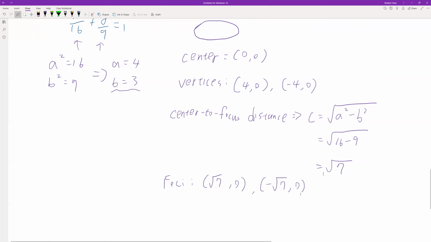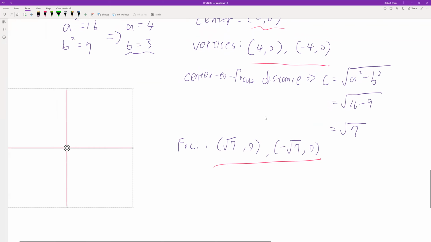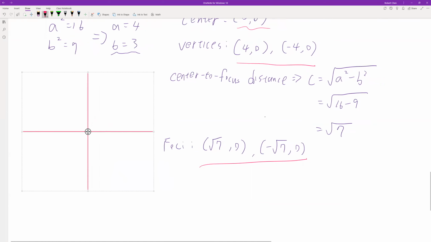All right, so we have most of our points ready, starting with the center, vertices, and foci. Okay, let's go ahead and graph it. So (0, 0), not to worry about that. Let's do vertices first.